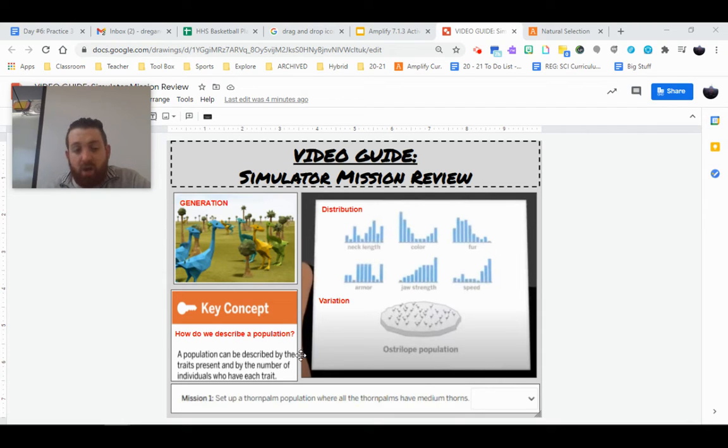On the left side, notice the very first neck length, that low neck length, we have a very small number of organisms, versus at the very end we have a medium to large number of long-necked australopes.